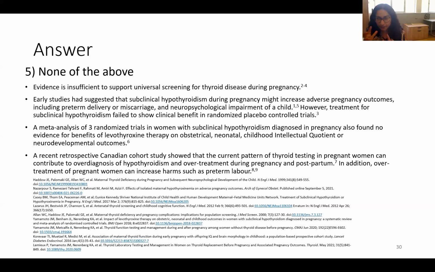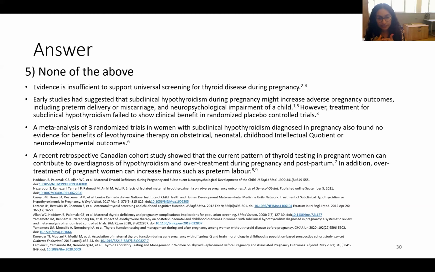But subclinical hypothyroidism, screening for hypothyroidism, is its own area, because while earlier studies showed that even subclinical hypothyroidism during pregnancy might increase adverse pregnancy outcomes, they showed that treatment doesn't really show any benefit in randomized clinical trials. A meta-analysis of 3 randomized trials in women with subclinical hypothyroidism found no evidence for benefits of levothyroxine therapy.